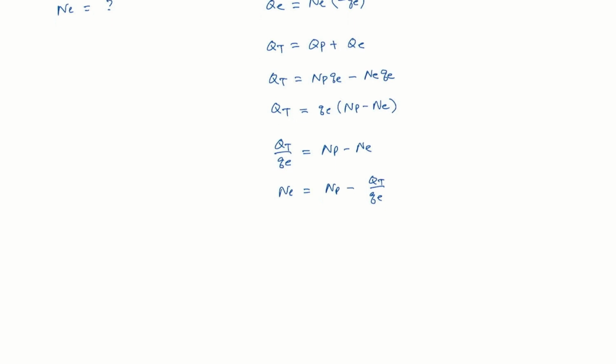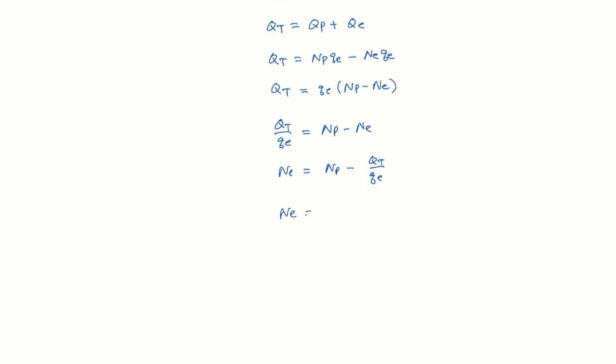Okay, so we can substitute. The number of protons we had was 1.0000 times 10 to the 12th. We subtract: Q total is minus 5.00 nanocoulombs.